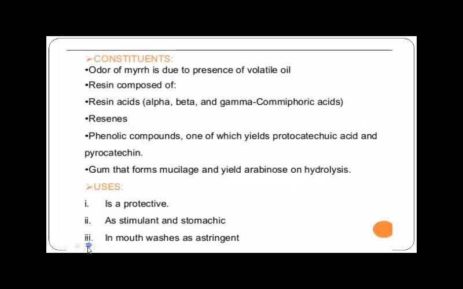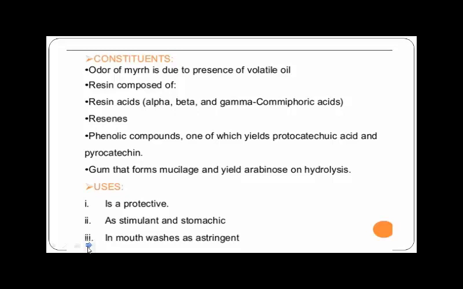Importantly, the odor of the myrrh is due to the presence of volatile oil because it is an oleogum resin. So, as I told you, oleogum resins contain gum and volatile oils with resins, or it's a mixture of volatile oil, resins, and gum. So the odor of myrrh is due to the presence of volatile oil.